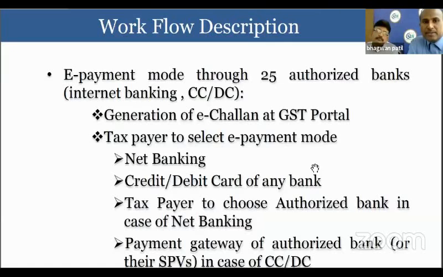And then the next part is you'll have to fill up, of course, the GSTIN, name of the taxpayer and amount before retrieving the CPIN actually. And on a real-time basis, the GST portal is to share challan details with the core banking system of those authorized banks. So that's a back-end process. You need not worry about that.